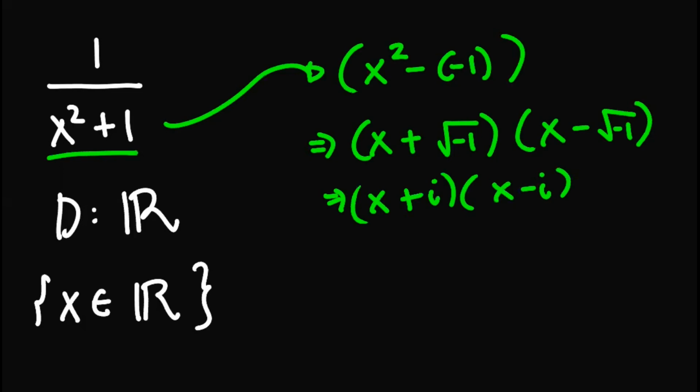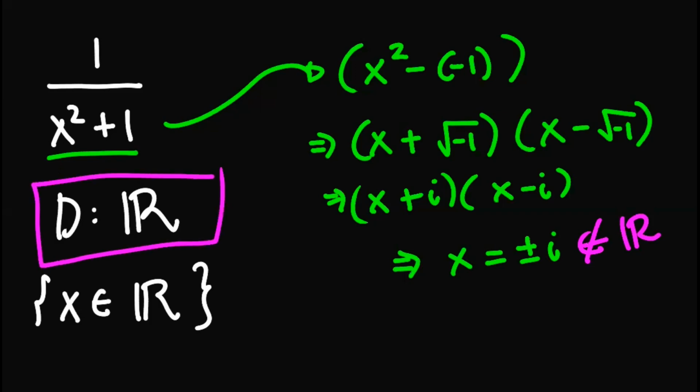So the values that would make it 0 are x equals positive and negative i. But i is not a real number. Since we're only dealing with real numbers, then the domain is the whole real number system. And that is the answer for this. And that's how to get the domain of rational expressions in general.